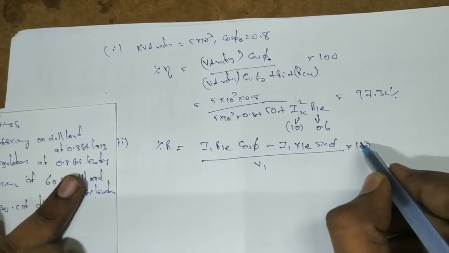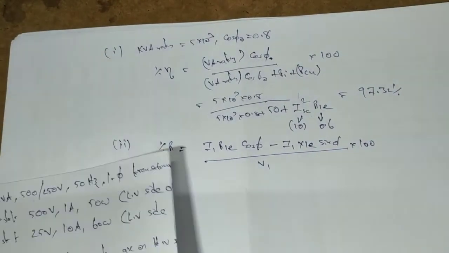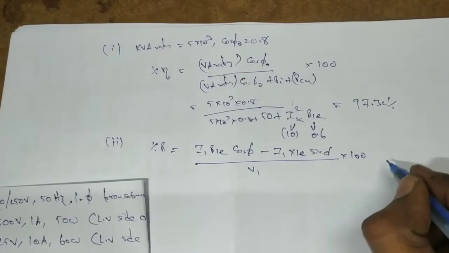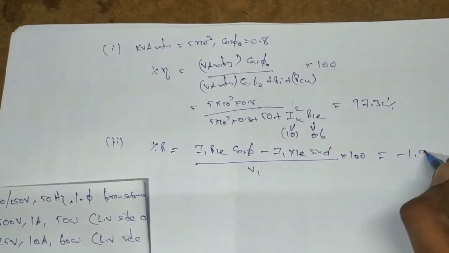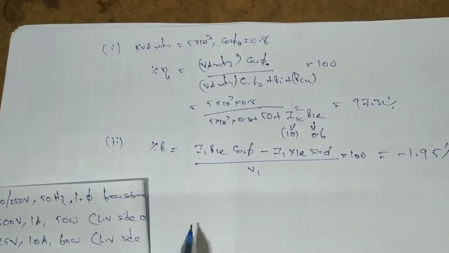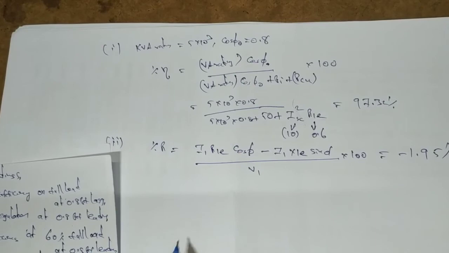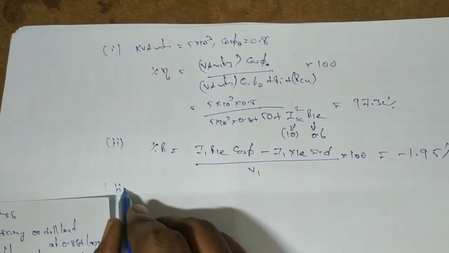And if you substitute all these known values, cos phi is 0.8, and from that you have to find sin phi, and you will get a total value of minus 1.95%. Substitute all the known values, V1 value, X1E value, R1E value.